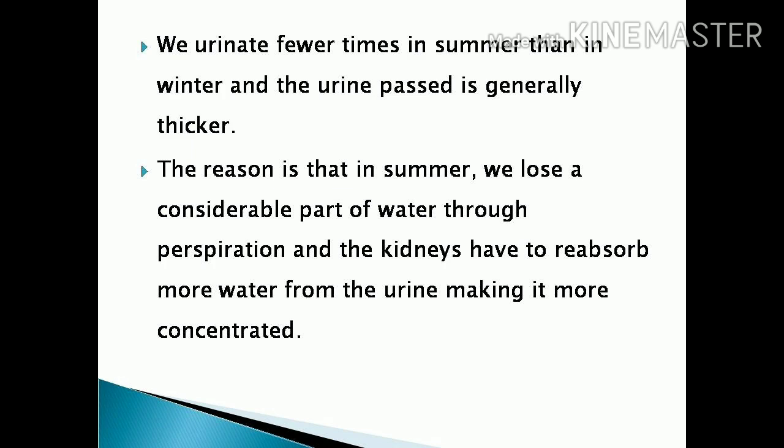What is the reason? In summer we lose a considerable part of water through perspiration, and the kidneys have to reabsorb more water from the urine, making it more concentrated.